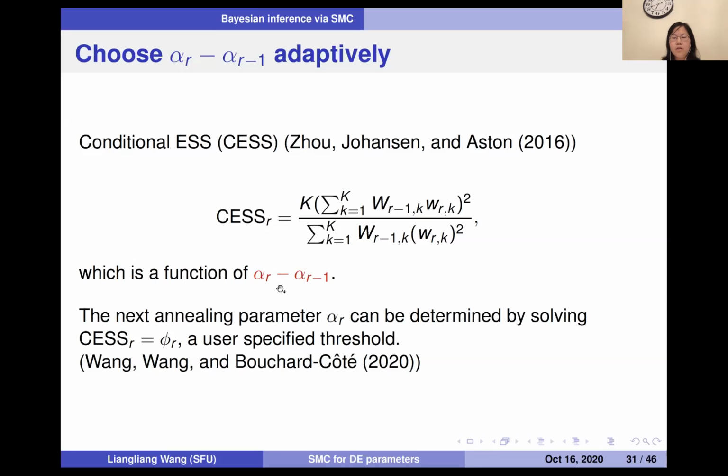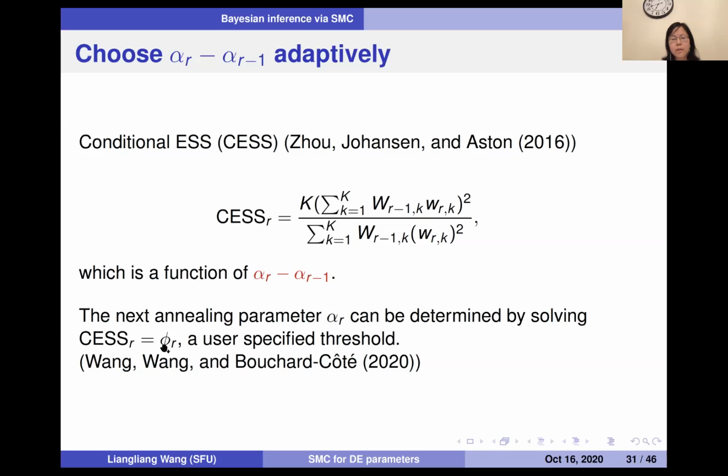More specifically, we already have the annealing parameter from the previous iteration. So basically, you can look at this as a function of alpha r, which is the annealing parameter at this iteration r. So we can determine this parameter by solving this equation: the conditional effective sample size is equal to some criterion which the user can specify.